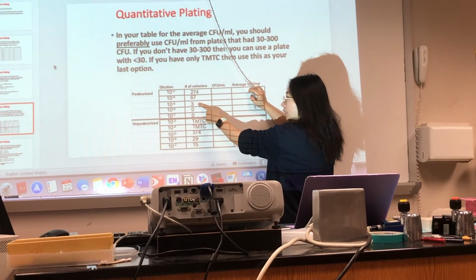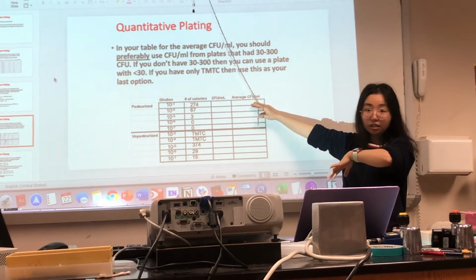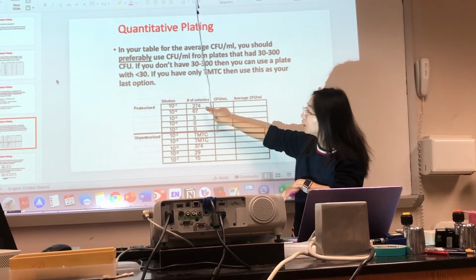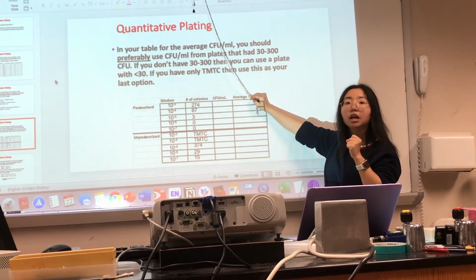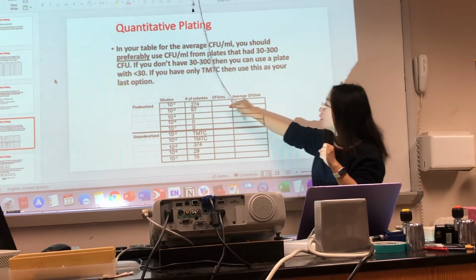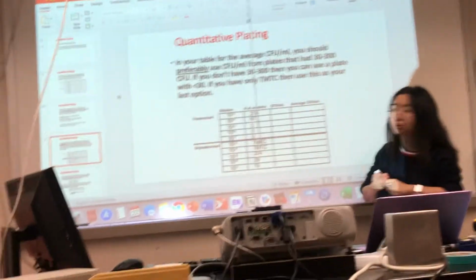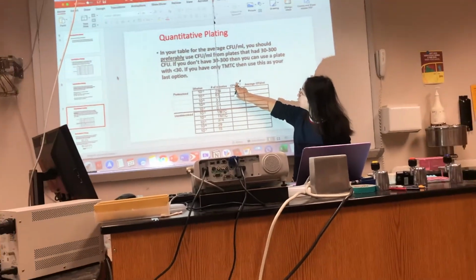How about this one? It's less than 30, I won't use this plate since I already have two plates between 30 to 300. So I'm going to use these two plates to get the CFU per ml.